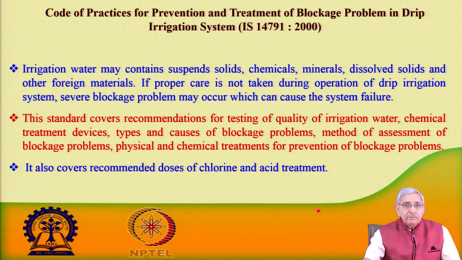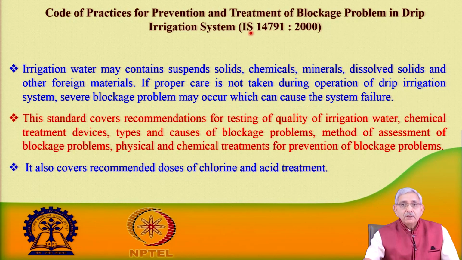The standard covers recommendations for testing the quality of irrigation water, the chemical treatment devices, the cause of the blockage, and the method of assessment. It also covers the recommended dose of chlorine and treatment.